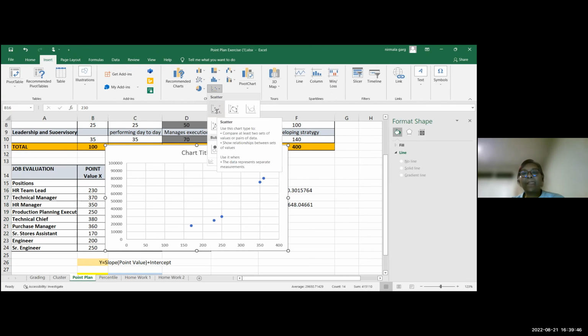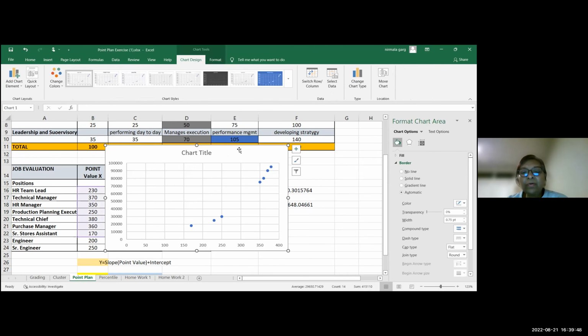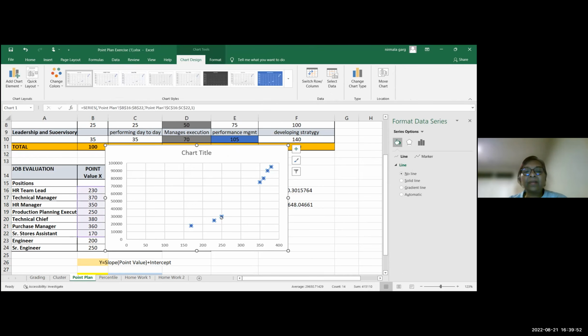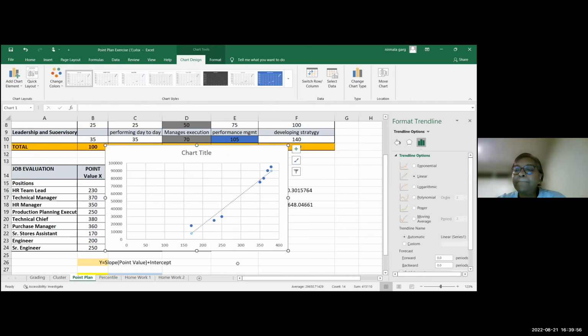Got it? Okay. Now click on any point, right click, and then add a trend line. And now don't stop at trend line. You can see, display equation on chart and display R square.